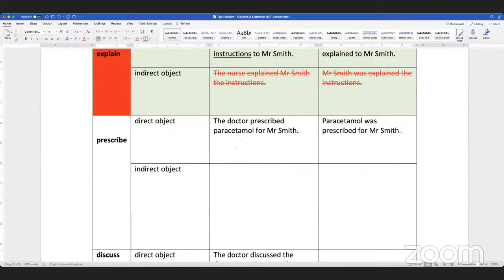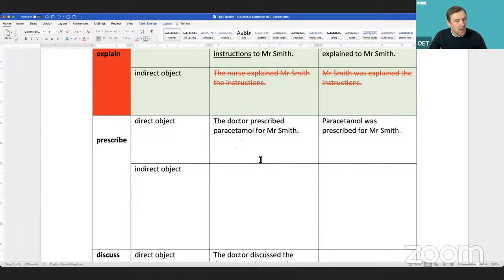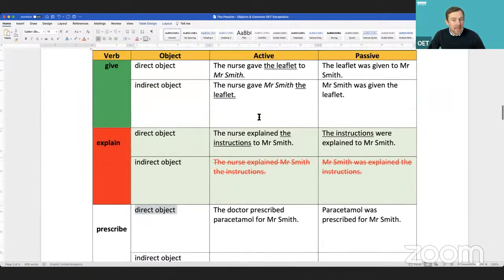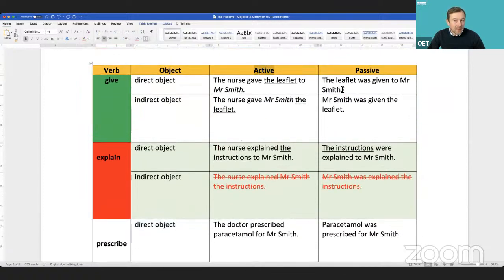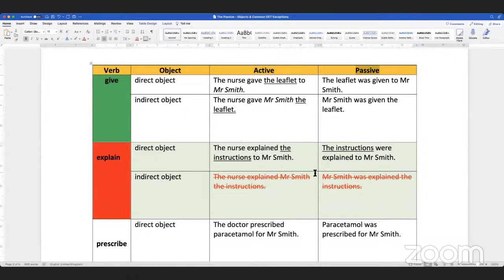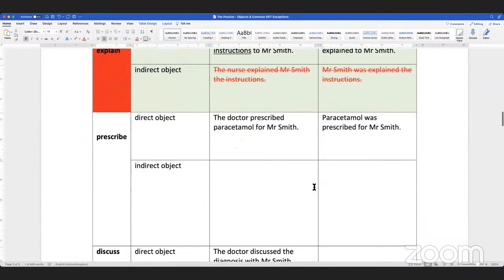We don't need the subject here. With the passive, we don't have to do it. So what have we just learned, guys? We've just learned that you can use prescribe with a direct object in the active and in the passive. So that's good.